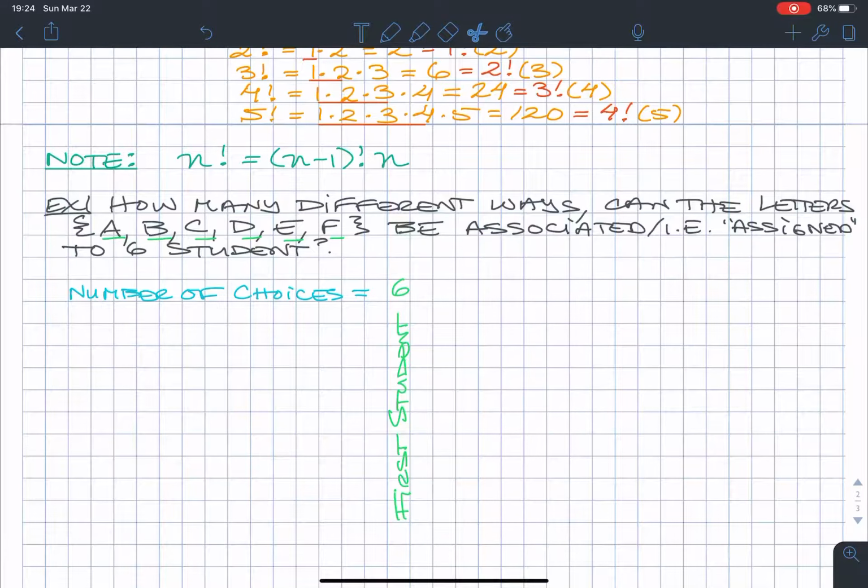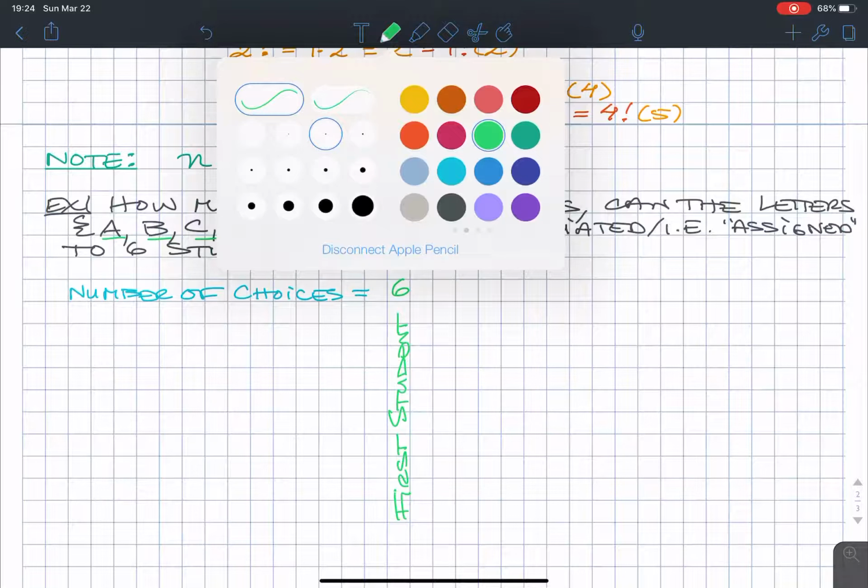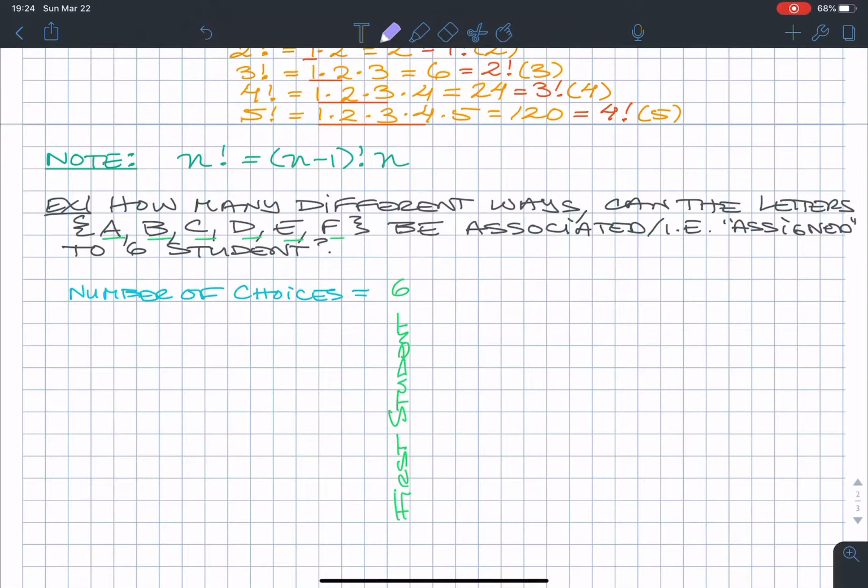But then the second student, once the first student has chosen one of A, B, C, D, E, or F, only has 5 choices.